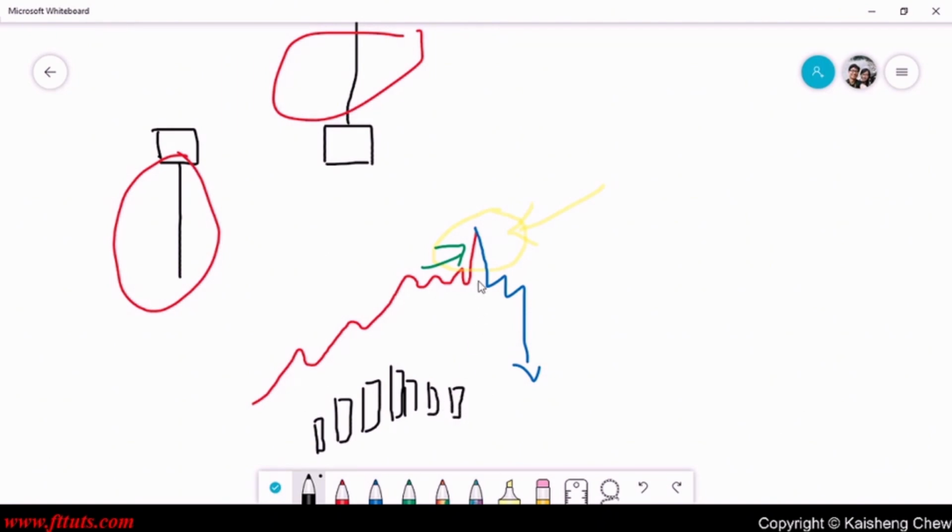Then over this red part, the volume suddenly shoots up, and someone is coming in and pushing it down. Then it forms another high, usually with even higher or equal volume. So this is the hunting.